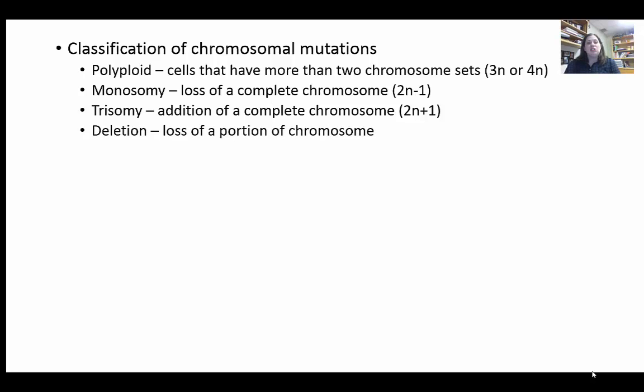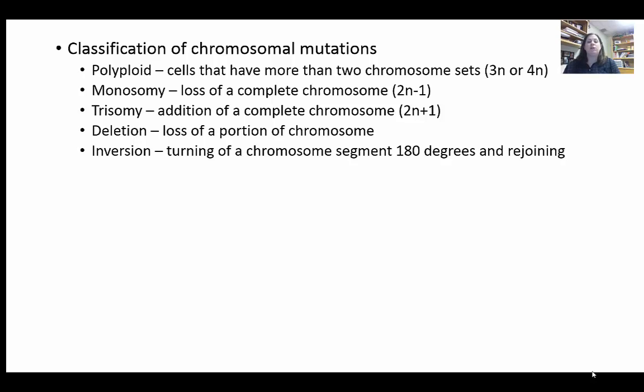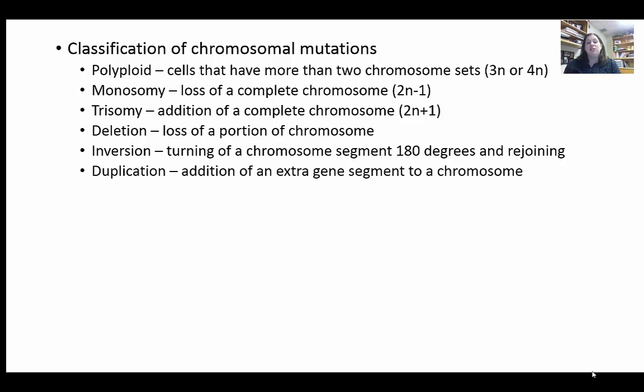Now remember guys, a deletion is a loss of a portion of a chromosome. Inversion is where you take a piece of it, you break it off, and you turn it upside down. It gets turned 180 degrees and rejoined. A duplication is where you take a piece of the gene and you duplicate it. So it would say A, B, C, D normally, but now it says A, B, C, B, C, D. The B and C were duplicated.